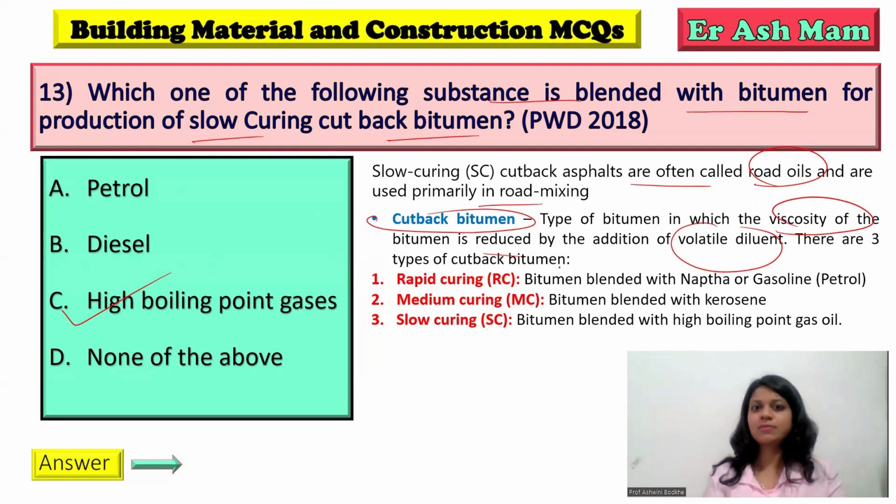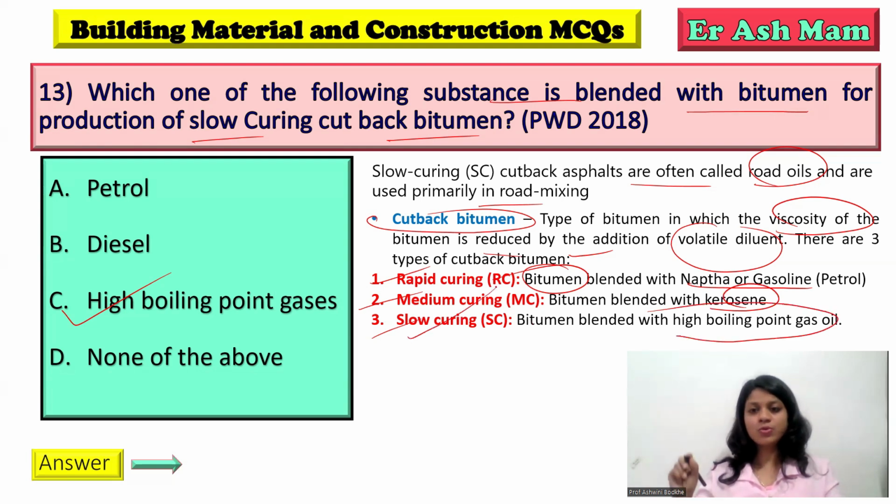Okay, there are three types of cutback bitumens: rapid curing, medium curing, and slow curing. If you blend bitumen with naphtha or gasoline, then it's called rapid curing. If you blend it with kerosene, then it's called medium curing. And if you blend it with high boiling point gas, then it's called slow curing.